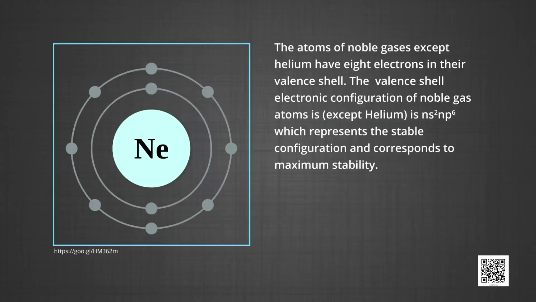The atoms of the noble gases, except helium, have 8 electrons in their valence shell. The valence shell electronic configuration of the noble gas atoms, except helium, is ns2 np6, which represents the stable configuration and corresponds to the maximum stability.